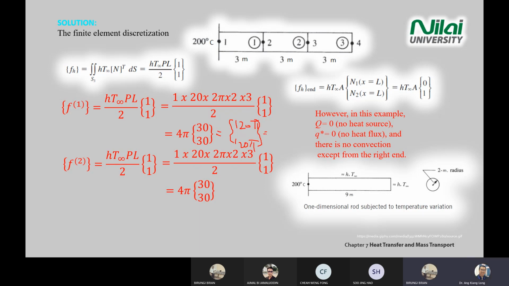What does this matrix tell you? This matrix is what? Force element 1.1. Force element 1.2. So this is the force at this point. This number here is the force at point 2. So my question just now, what is the force at this point?